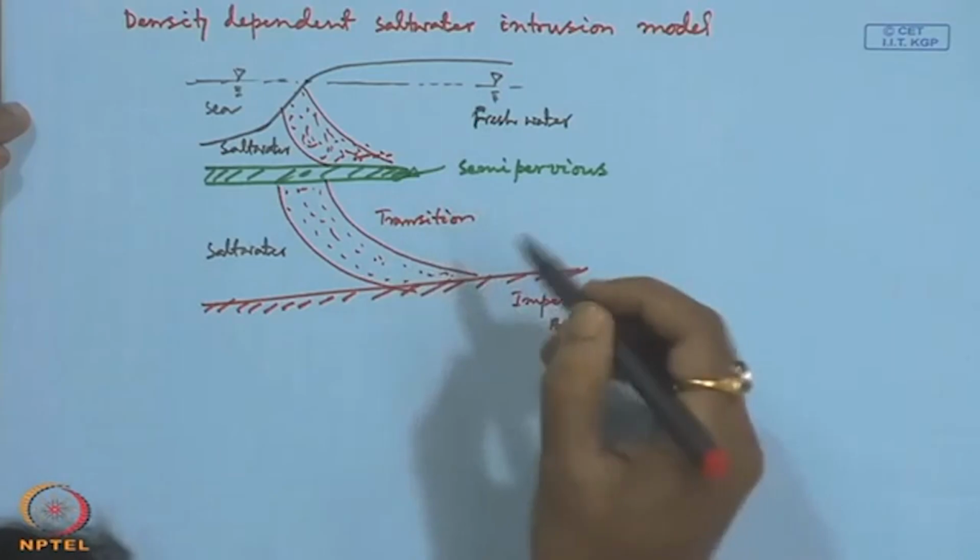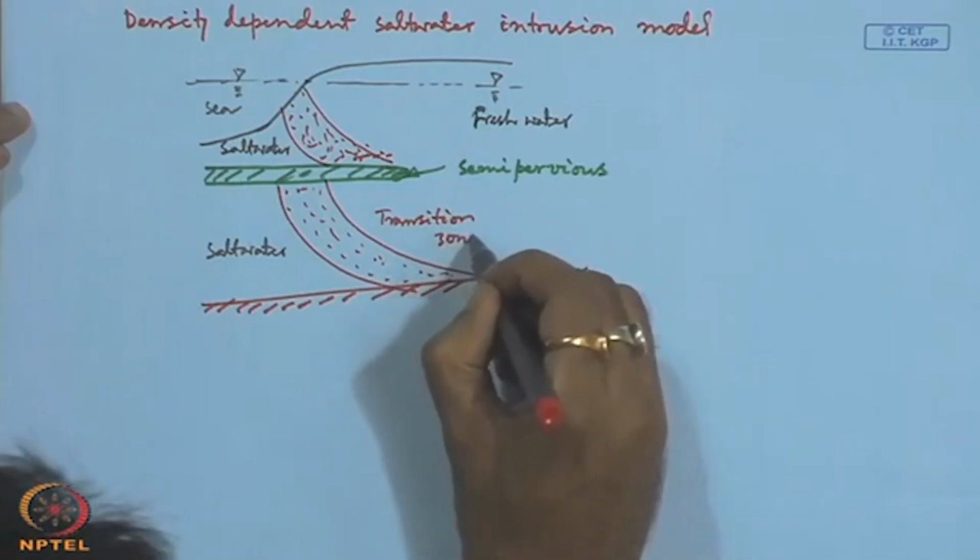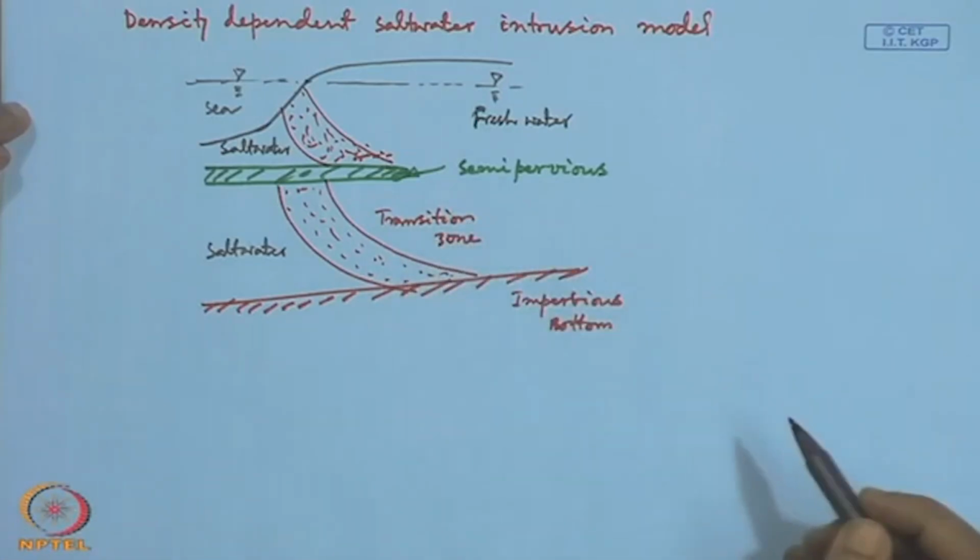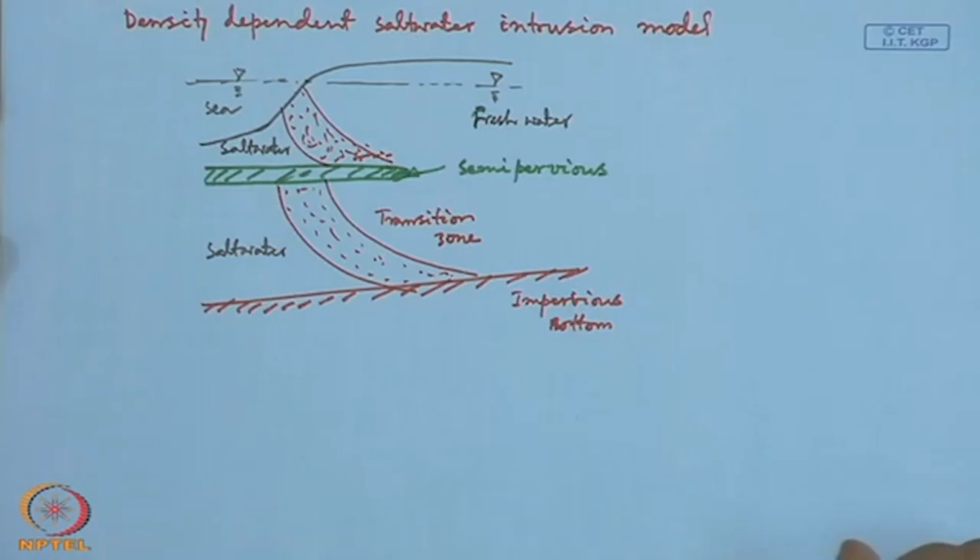During this kind of modeling, we need to consider the composition of seawater, because the composition of seawater is important for exact modeling of saltwater intrusion using density dependent flow models.